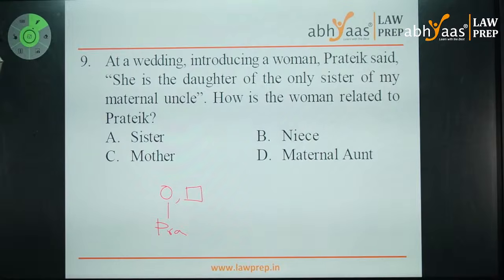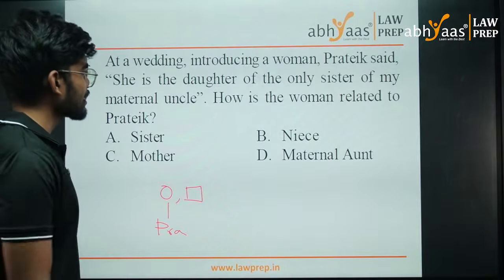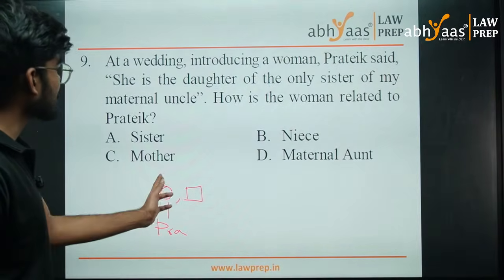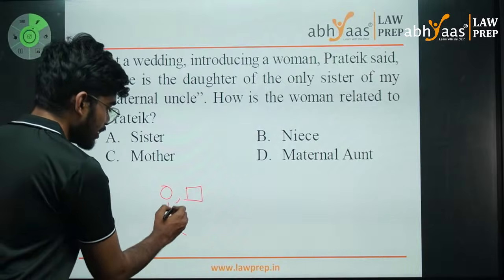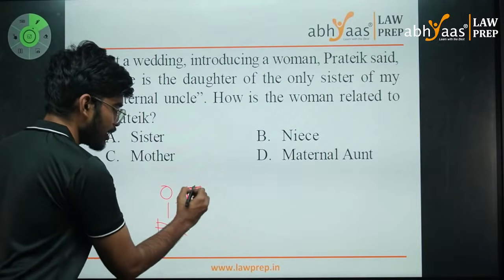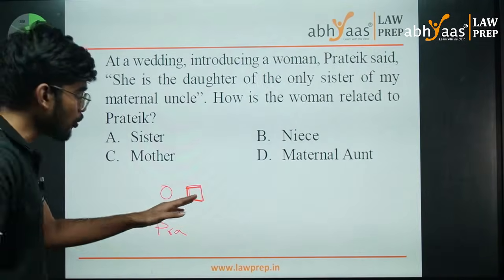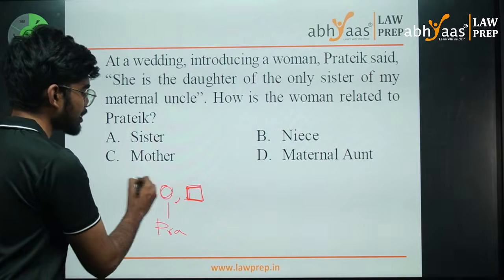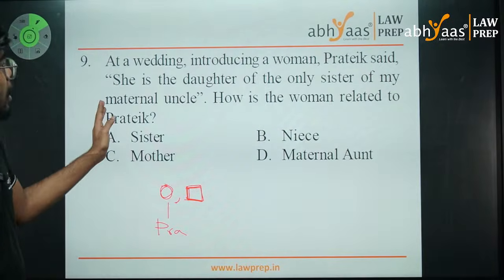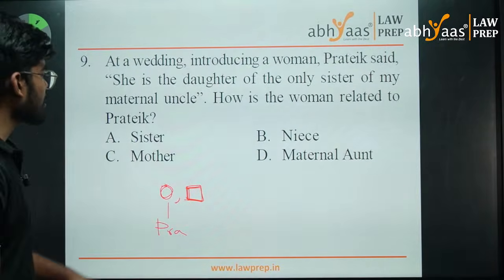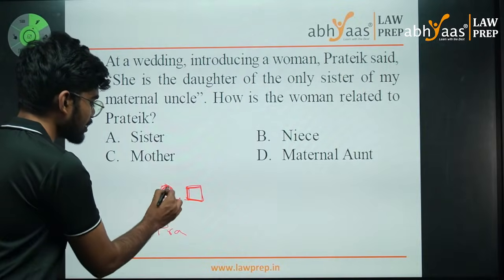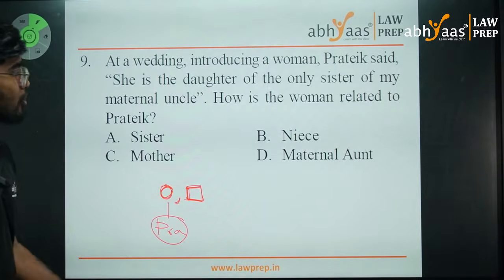Pratik's maternal uncle has an only sister, which means her mother itself. She is the daughter of the only sister of my maternal uncle, that means only sister's daughter. How is the woman related to Pratik?